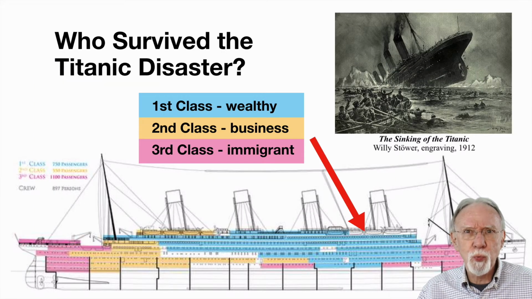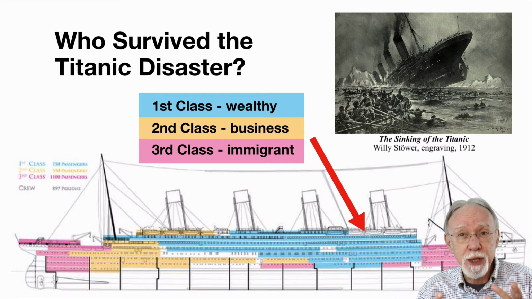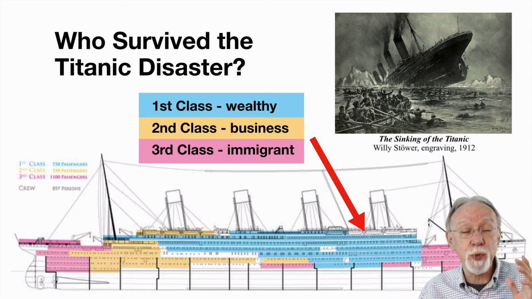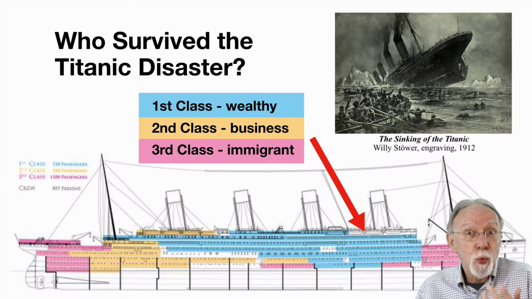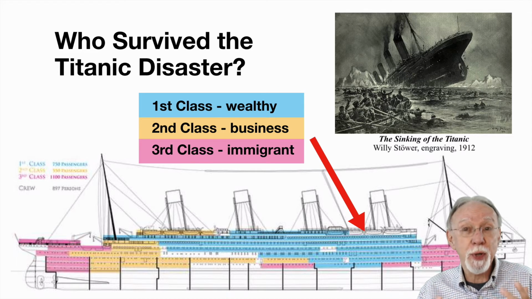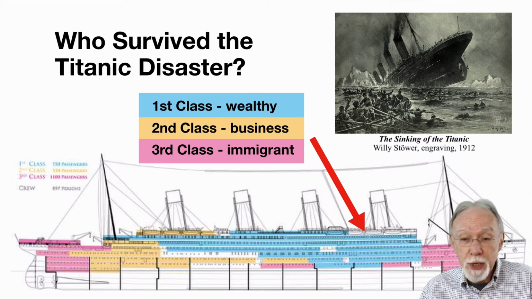So where did the Titanic come from? Didn't that sink? Well, yes, but we happen to have a database of all of the passengers and information about each one of them, their age, their name, and what kind of accommodations they were in. Were they wealthy with first class, those in blue in our cross-section?